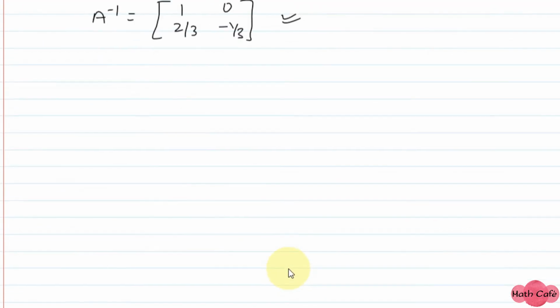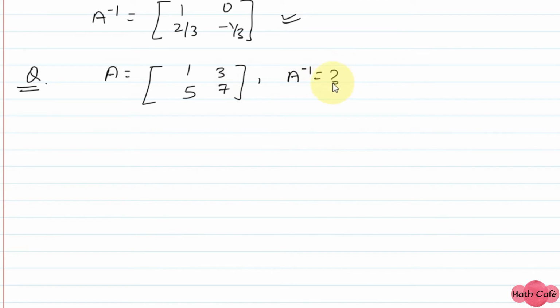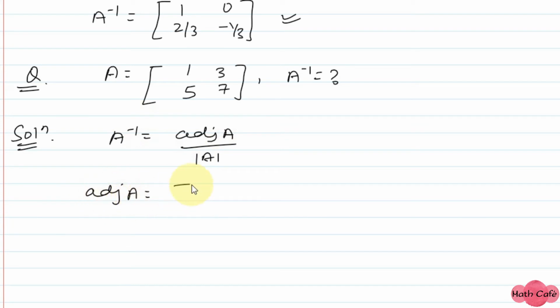Let's have another example. If a square matrix A is given as 1, 5, 3, 7, then we need to find A inverse of this given matrix. Let's proceed with the solution. We will find A inverse by adjoint of A divided by determinant value of A. Adjoint of A is the transpose of the cofactor matrix.